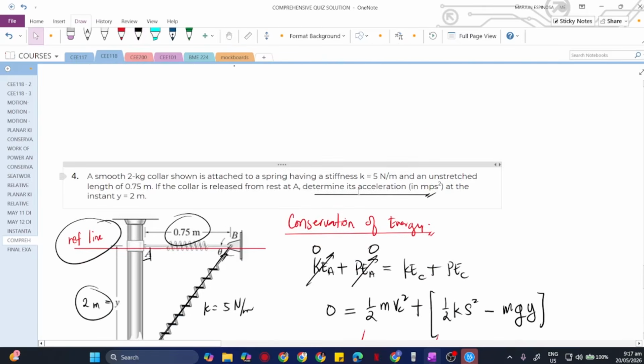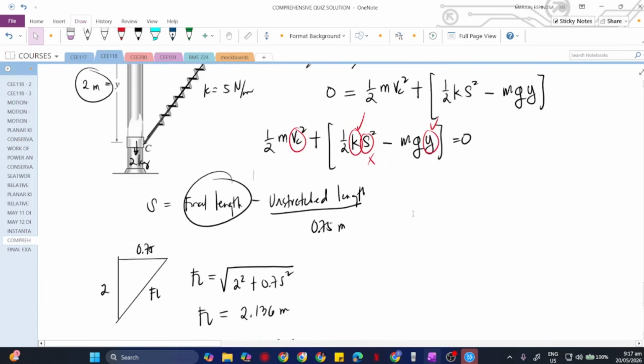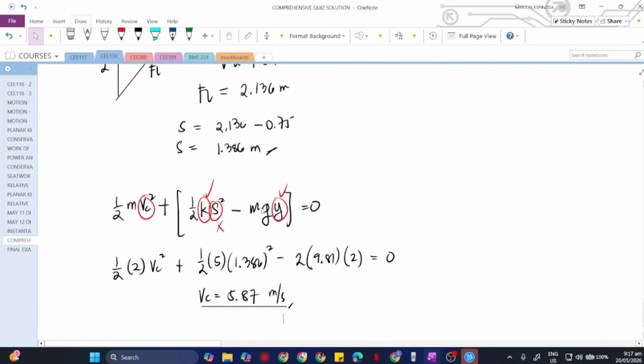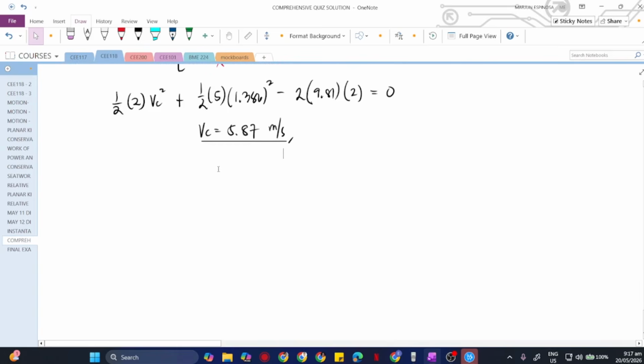Pero ang tanong dito, determine its acceleration. So paano natin i-relate yung velocity C sa acceleration C? Okay, using what? Rectilinear motion lang, no? Free falling. So for acceleration, since initially 0 siya, so VC equivalent to initial velocity ng ating collar at point A plus acceleration at C times time, supposedly kung gagamitin natin to.